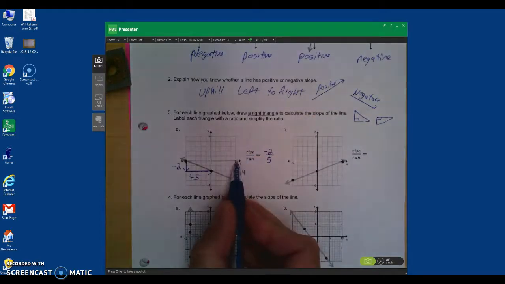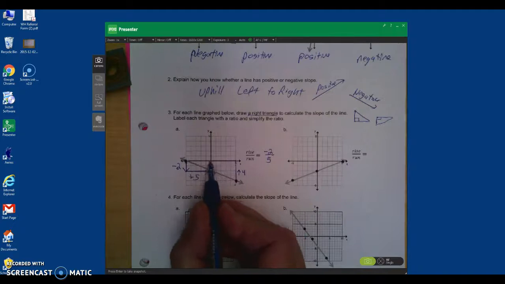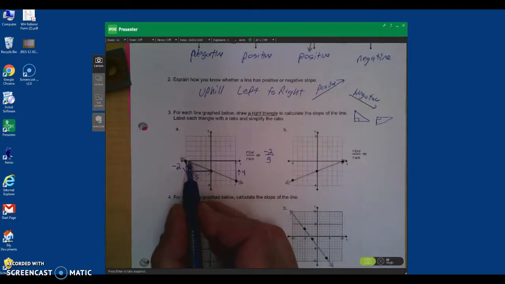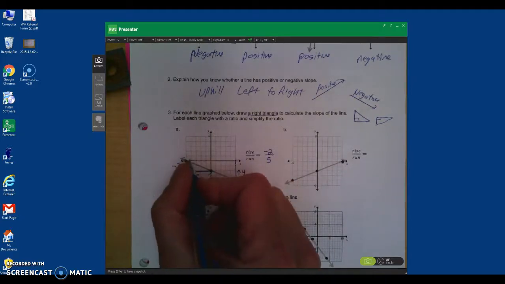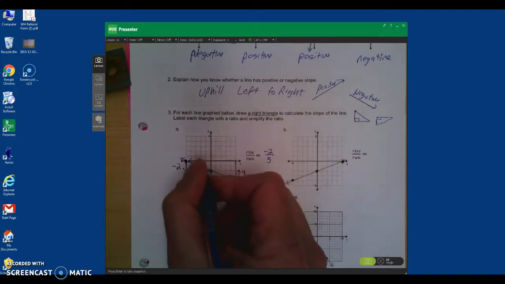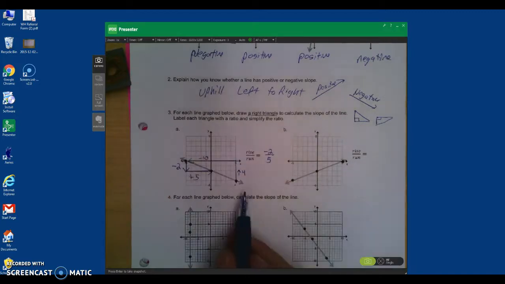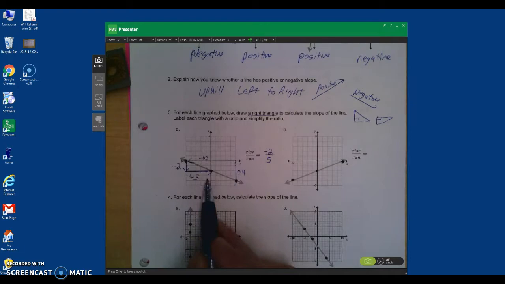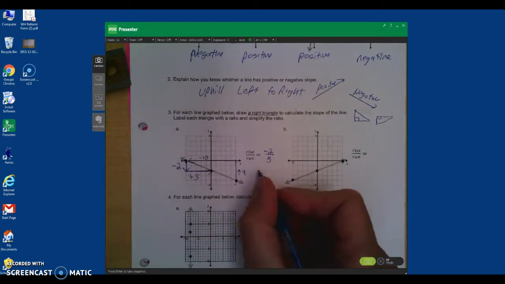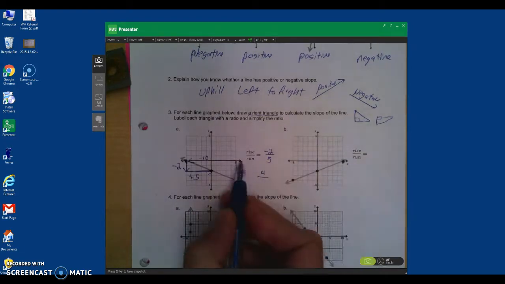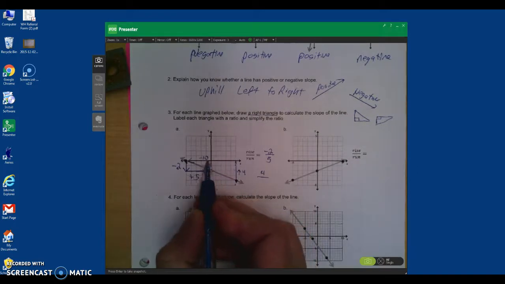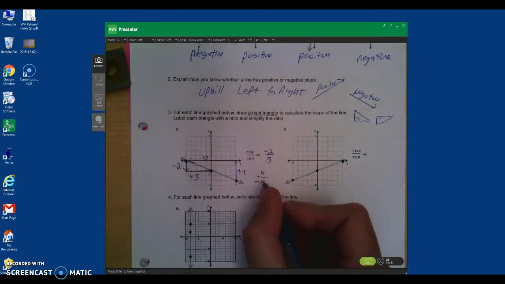But now I'm going to the left, 1, 2, 3, 4, 5, 6, 7, 8, 9, 10. If I go to the left 10, guess what that becomes? A negative. Well, if I use this triangle, what would be my rise? It would be 4, and my run would be left 10, which is negative 10.